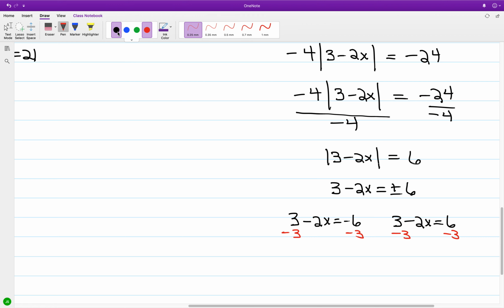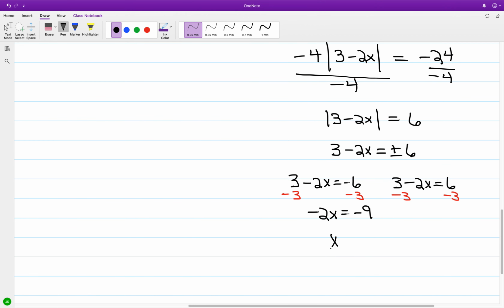Here we have negative 2x equal to negative 6 minus 3, so negative 9, and x is negative 9 divided by negative 2, so x is 9/2.